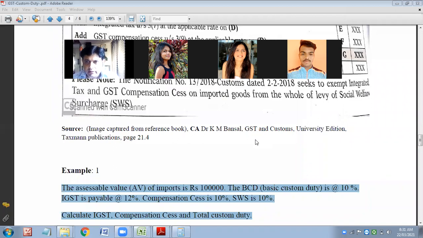Meghna got the answer as 1,35,420. Others, once again I am telling you, this is your assessable value. BCD will be charged on assessable value. SWS will be charged on BCD. Whatever we get as a total, on that IGST will be charged and compensation cess will be charged.